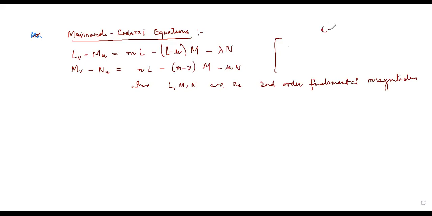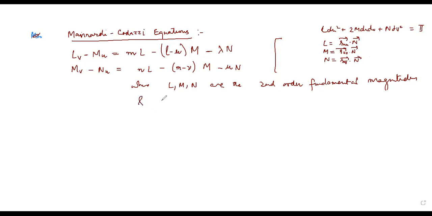The second fundamental form is L du square plus twice M du dv plus N dv square, and you know that L is actually equal to R_uu dot N, इसी तरह से M and N is equal to R_vv dot N, where N is the surface unit normal.